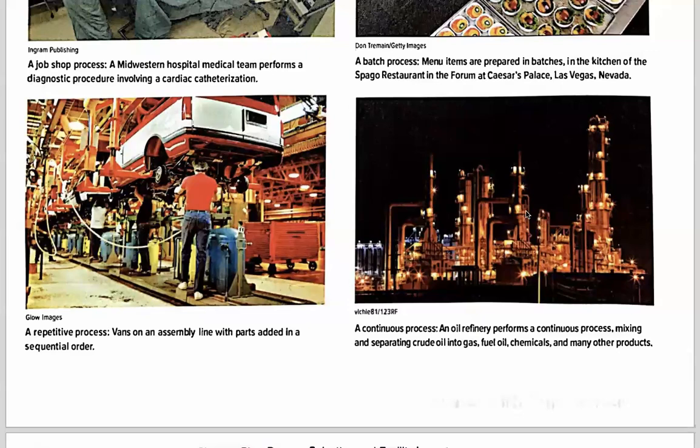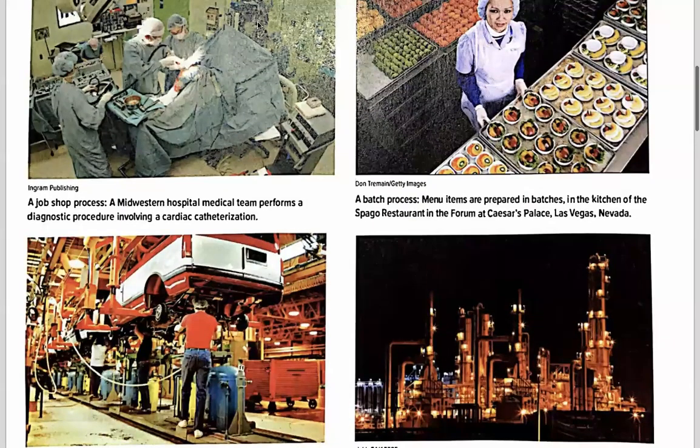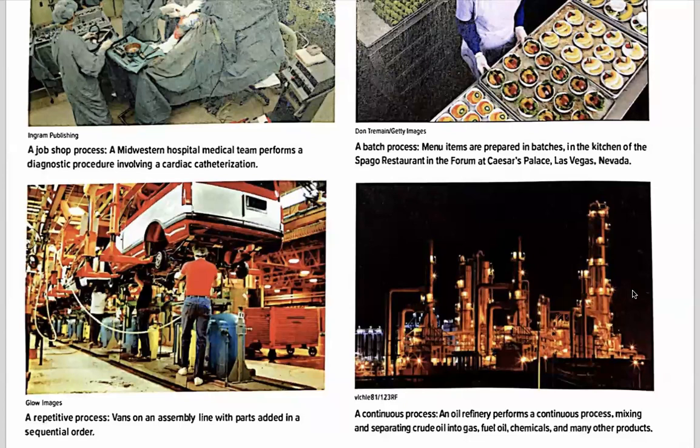Compared with a job shop, where at one place someone is doing a heart operation, and maybe at another time they might be doing brain surgery or pulmonary treatment. But these oil refineries, their operations are very much standardized, and they are standardized because they are meant to produce large volume.